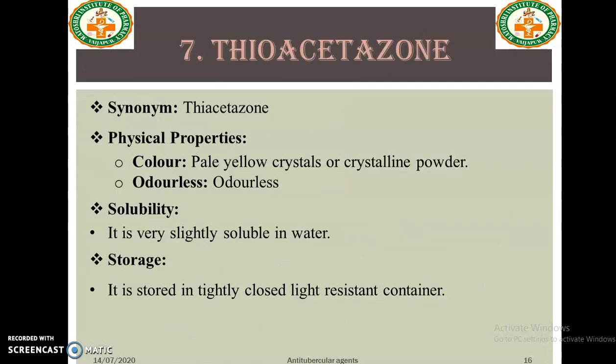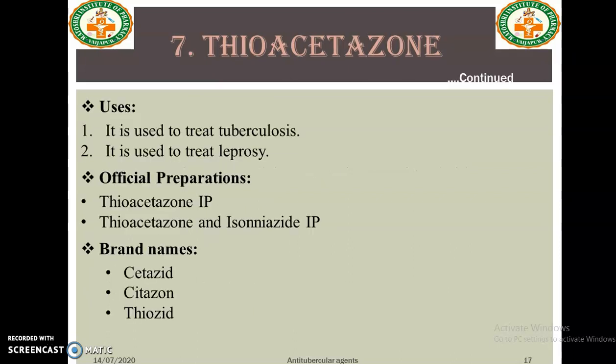Next example is thioacetazone. Synonym for thioacetazone is thiacetazone. It has pale yellow crystals or crystalline powder and is odorless. It is very slightly soluble in water, and it is stored in tightly closed light resistant containers.